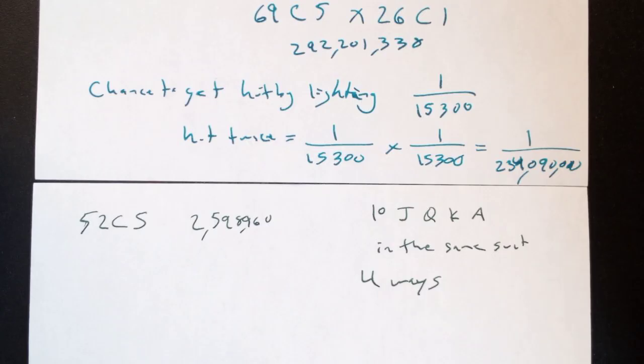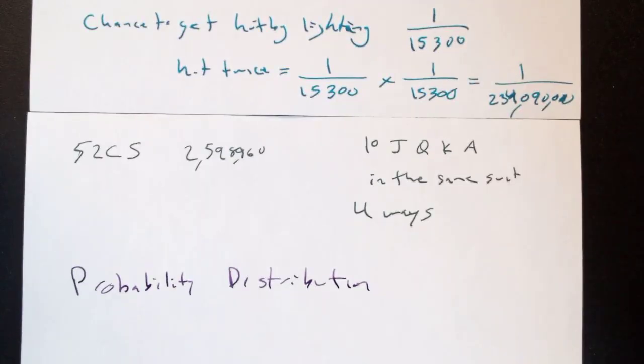This idea of looking at all the possible things that could happen and figuring out probabilities associated with each one is called a probability distribution. And that is the basis of all of our statistical analyses.